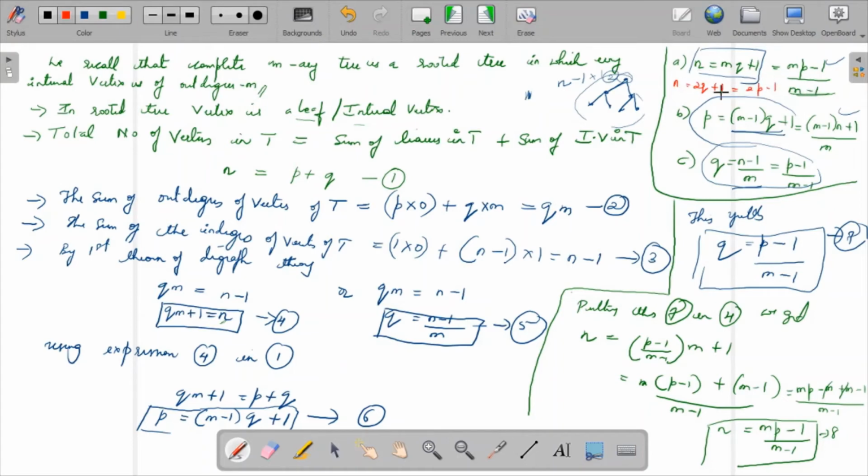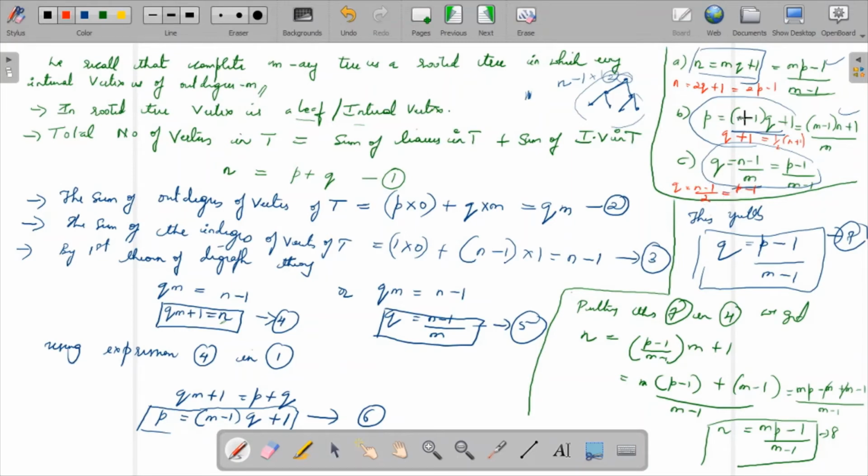So this formula gets reduced, and p is equal to 2 minus 1 into q, that is q plus 1, and this would be half into n plus 1. So this is one problem. Same way, q is equal to n minus 1 divided by 2, and here it would be p minus 1.